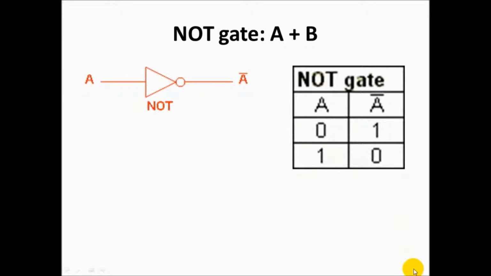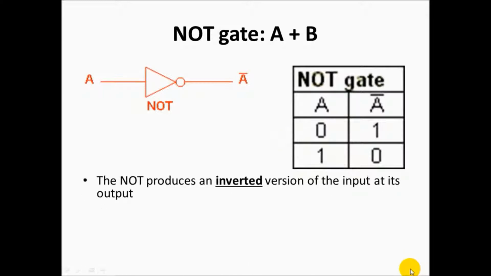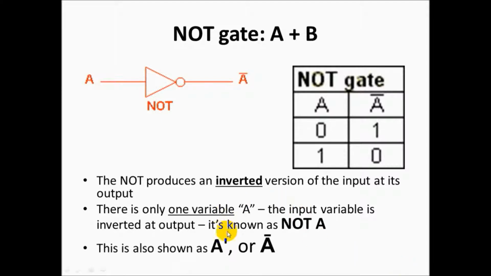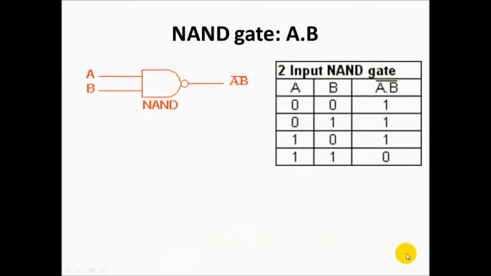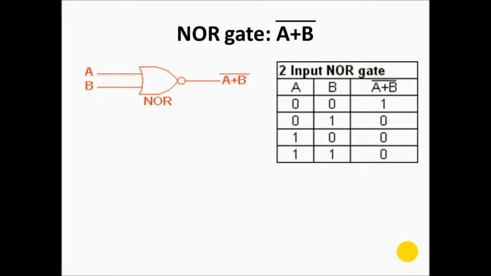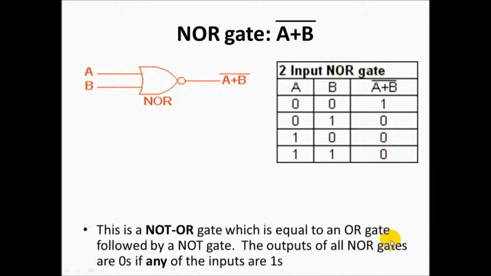This is total inversion of the input A. We've been through that. Sometimes they put an apostrophe before or after, but I haven't seen that in your exam. That's how it's represented. The NAND gate, A and B, with an inversion line above it. The NOR gate, A plus B with an inversion line above it.